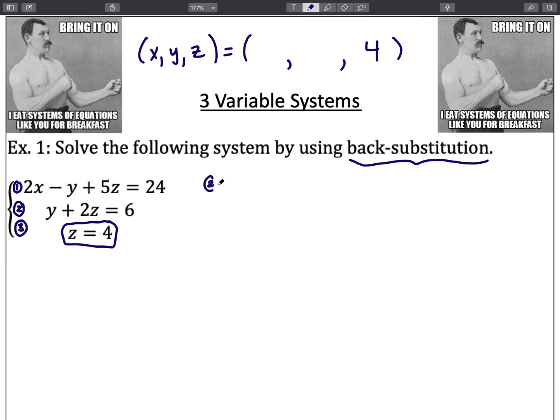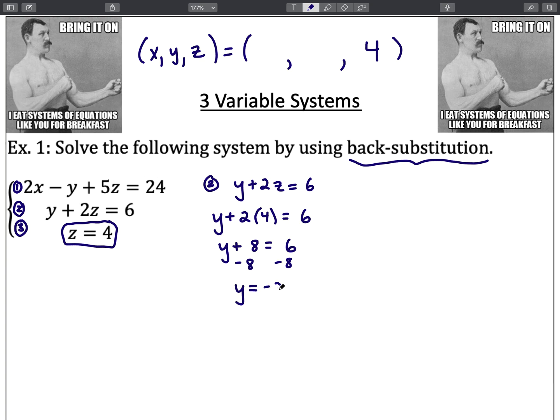I'm going to start with equation number 2. I know that y plus 2z is equal to 6. But I know something now about z, so I can say y plus 2, and then for z, I'll plug in 4, and this is equal to 6. I know that 2 times 4 is 8. Again, the whole thing's still equal to 6. Subtract 8 from both sides. y is equal to negative 2. So now notice I have another piece of the puzzle.